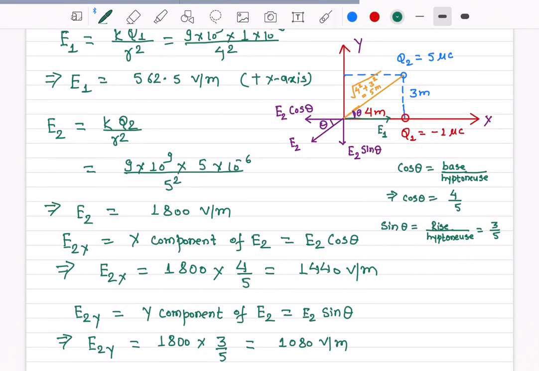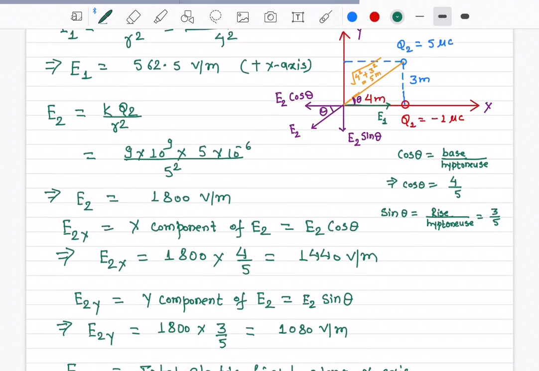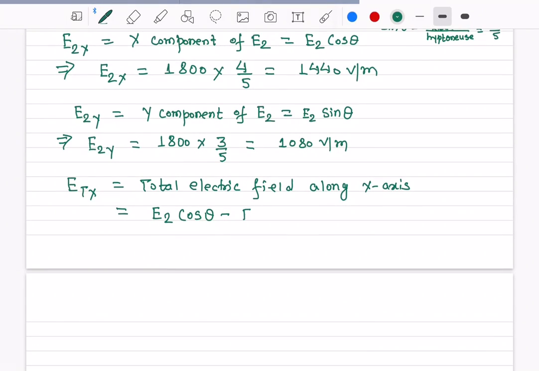This one will be equal to E2 cosine theta minus E1, and E2 cosine theta value is 1440 minus 562.5.